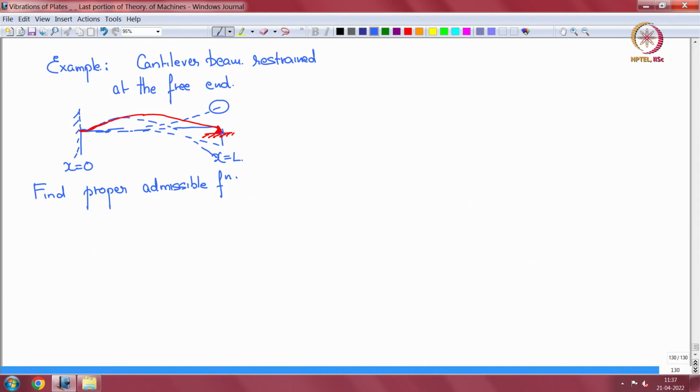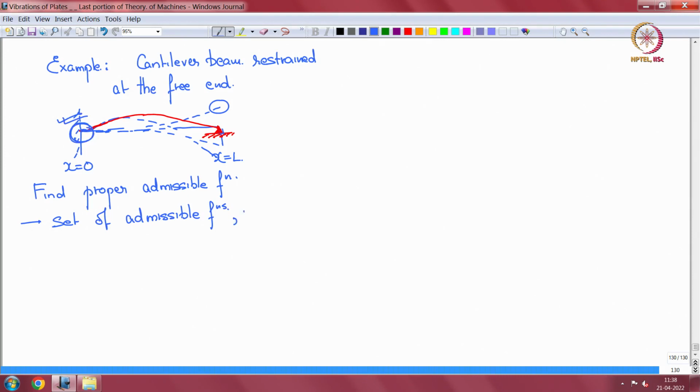Let's proceed. However, as I was saying, let us say you have a set of admissible functions, hypothetically, functions that satisfy the left side conditions only. The displacement and slope are 0, suppose, and otherwise they are good.